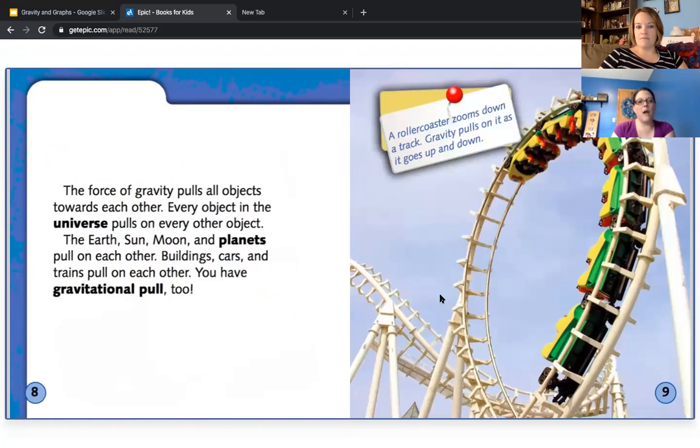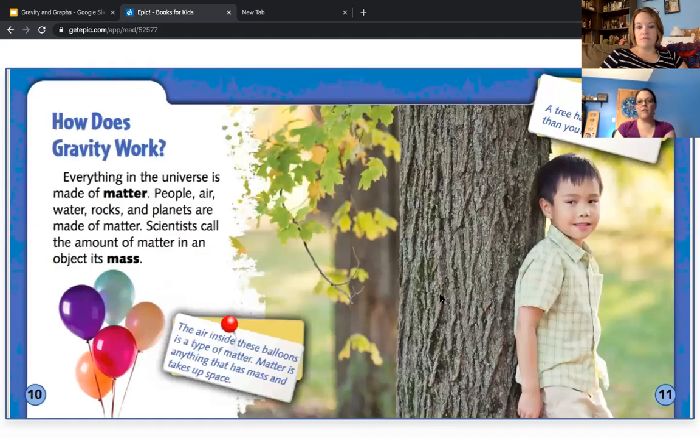The force of gravity pulls all objects towards each other. Every object in the universe pulls on every other object. The Earth, Sun, Moon, and planets pull on each other. Buildings, cars, and trains pull on each other. You have gravitational pull too. How does gravity work?